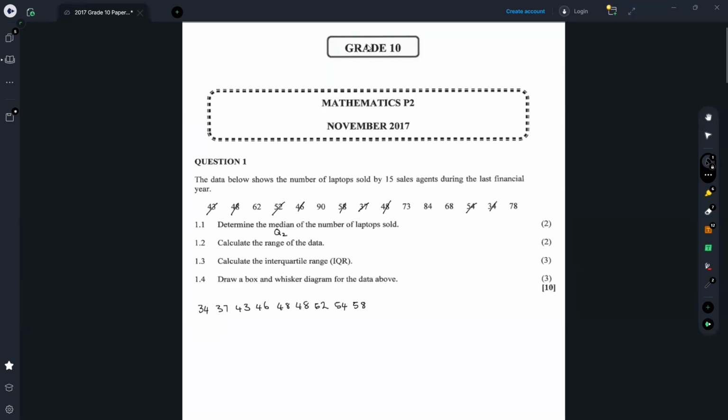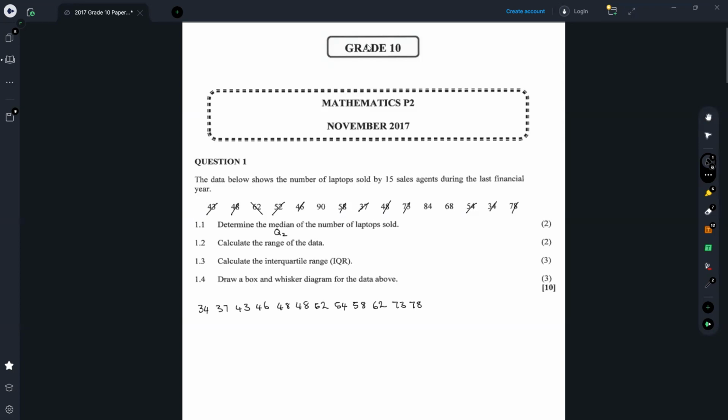What else do we have here? I think let's go into our 60s. In the 60s, we only have one value, which is 62 there. And going into the 70s, we have 73 coming first. And we have 78.